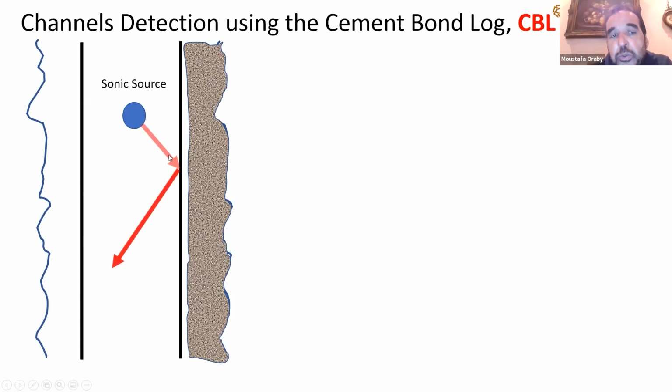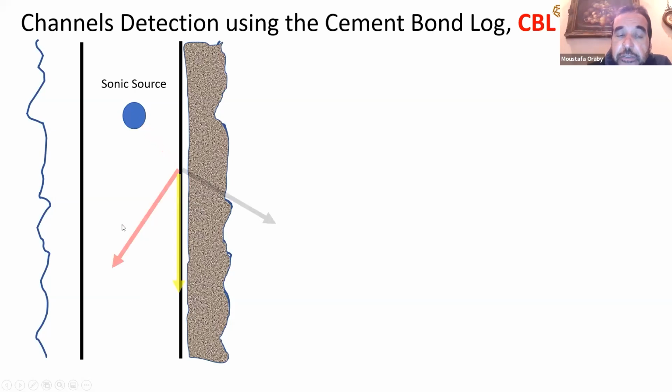It depends on what we call the incident angle. If the incident angle reaches what we call the critical angle, the wave will be parallel to the surface of the casing. If it's less than the critical angle, it will reflect. If it's equal to the critical angle, it will go parallel. If it's more than the critical angle, it will refract.